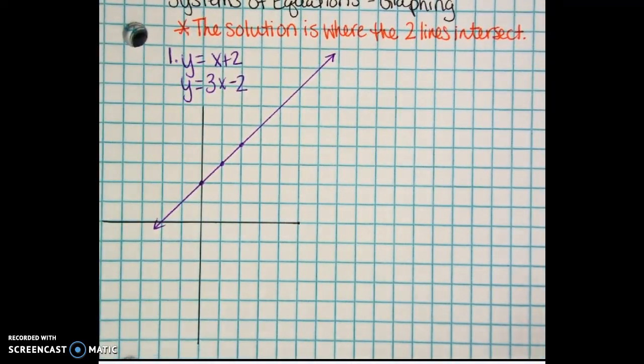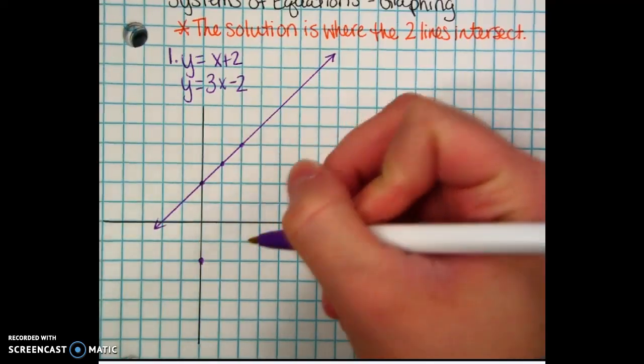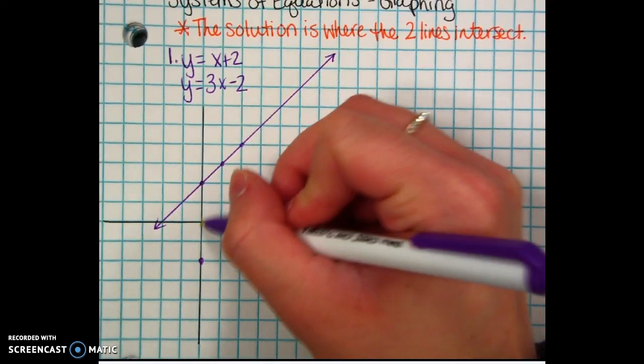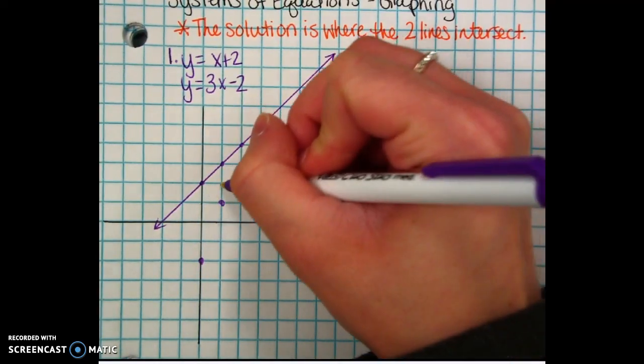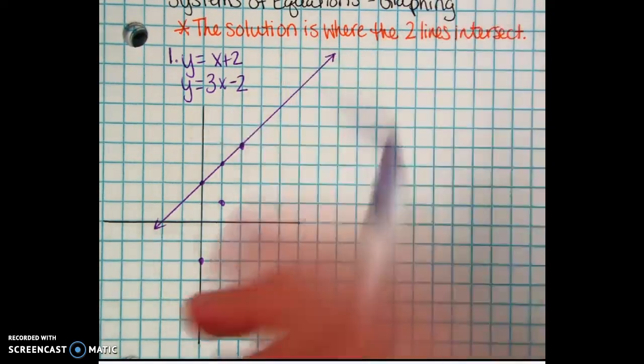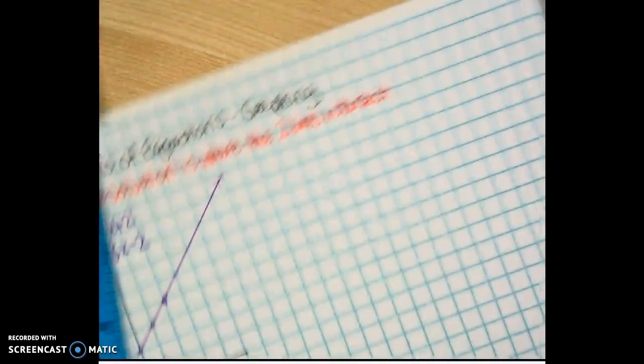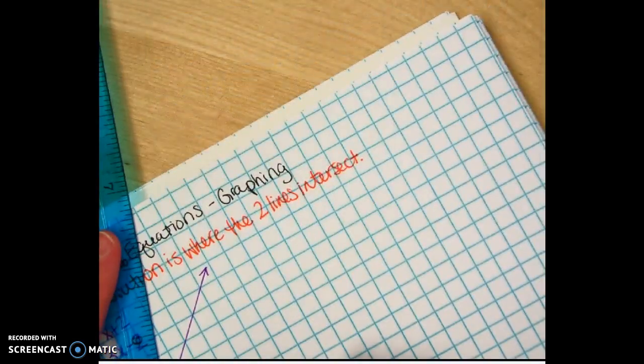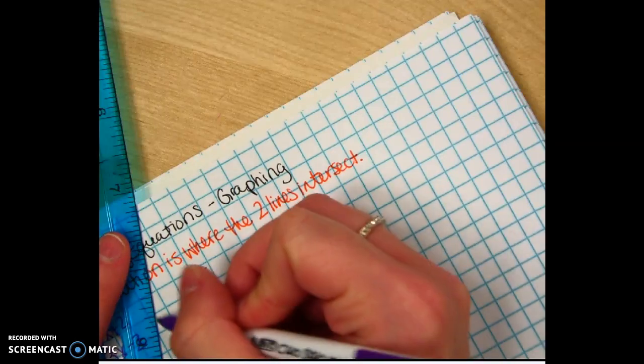Okay, the other one starts at -2 and goes up 3 over 1. So a lot of times if you do enough dots, you'll see where they intersect. And let me draw this line here.